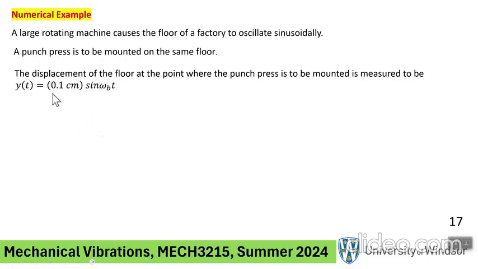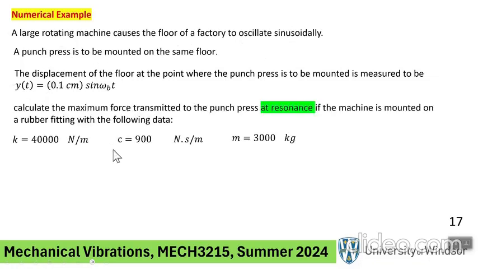Let's say that the floor displaces according to this formula, about a millimeter of vibration of the ground at the frequency of the rotating machine, whatever it is. So this is the base excitation problem for the punch press.